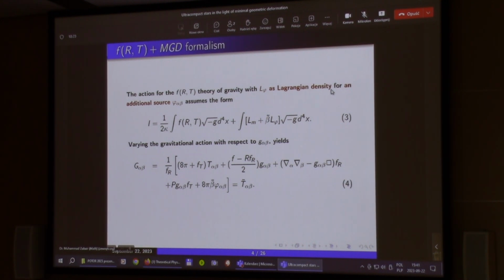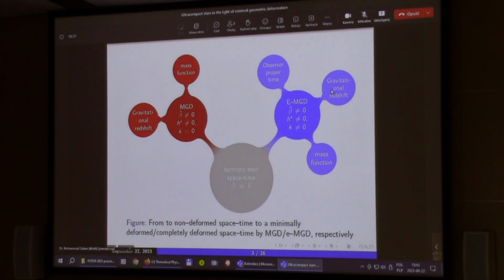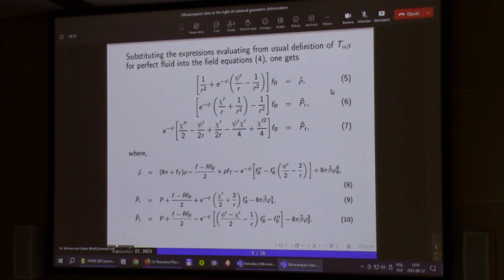If we substitute the seed matter source to be the ideal or perfect fluid, we can find the field equations as given in this slide from equation 5 to 10. You can see there is the unknown function, capital F, and there are f_R and f_T, the derivatives of the unknown function.